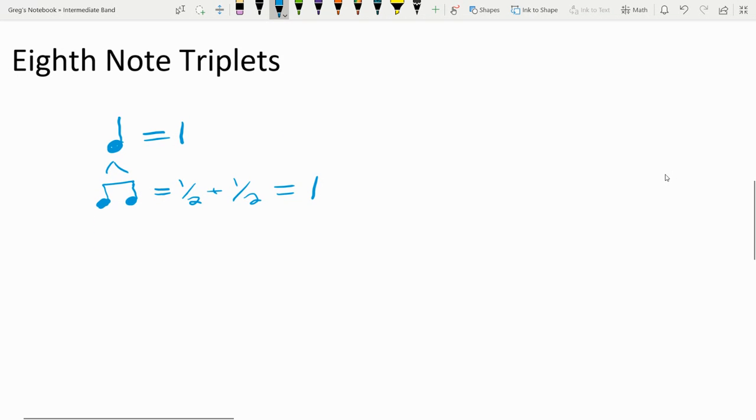So what we do with a triplet is if we take a different quarter note over here, that quarter note is also worth one beat, but we can take this and we can split it into three separate notes. They have to be three equal notes, equal value, equal length.